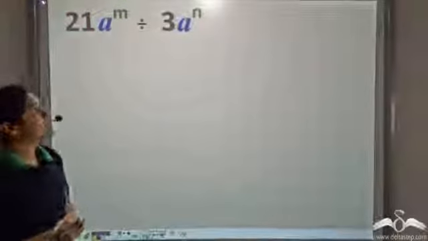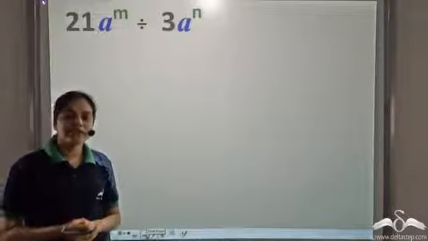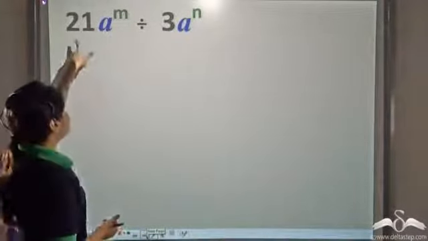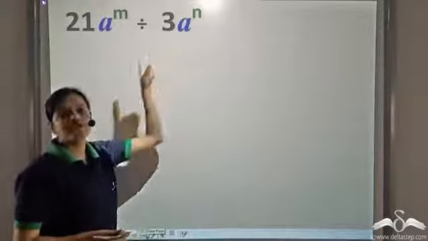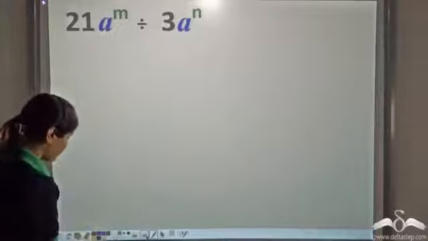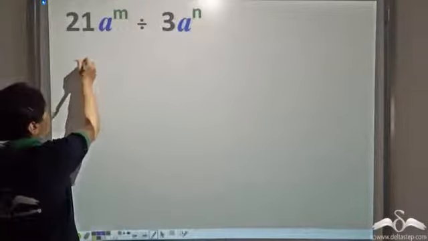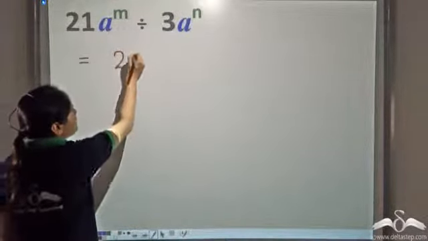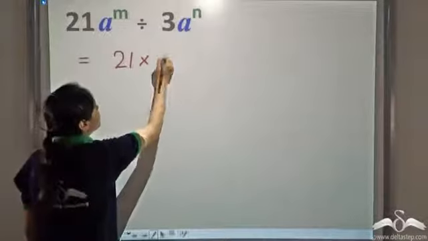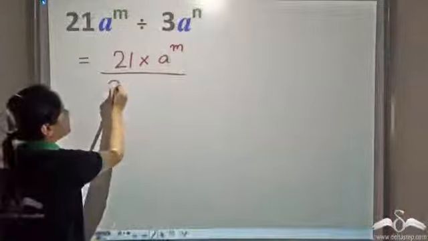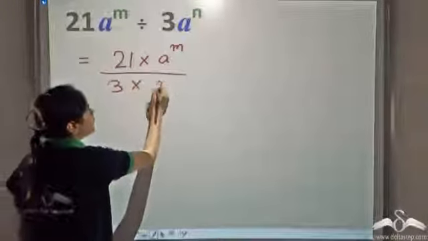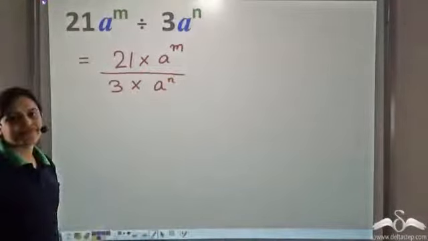Now can you simplify this expression? 21a to the power m divided by 3a to the power n. So this is equal to 21 into a to the power m divided by 3 into a to the power n.